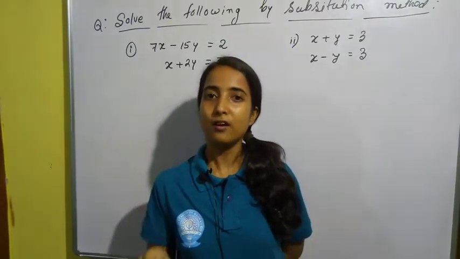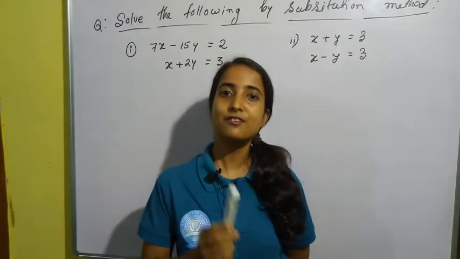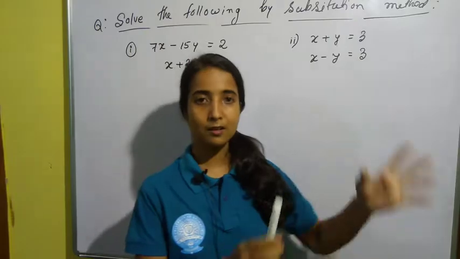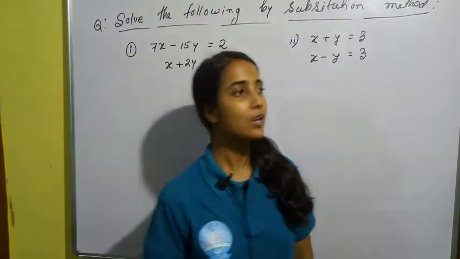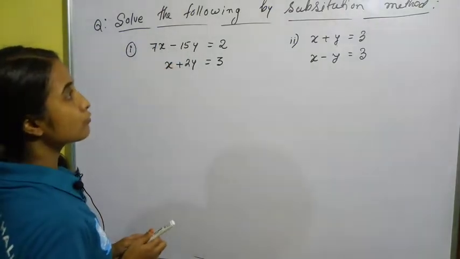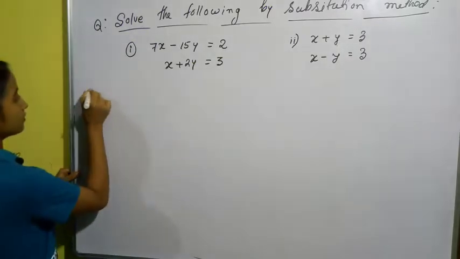So the word substitution or substitute is a familiar word for you. That means one thing in the place of another thing. Okay. Now see the method of how to solve a pair of linear equations by the substitution method.